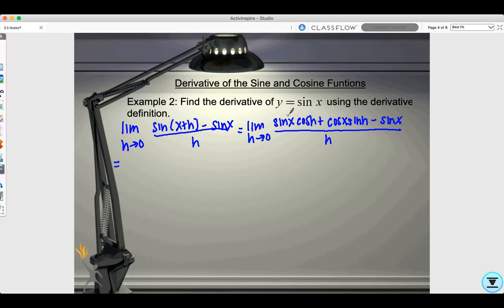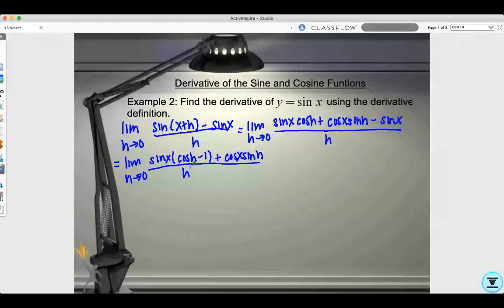Then noticing I have sine x in two terms, I can factor that sine x out. So I have the limit as h approaches 0, factor that sine x out, and I would have cosine h minus 1, and then I would have plus my cosine x sine h all over h.